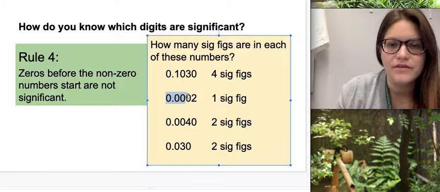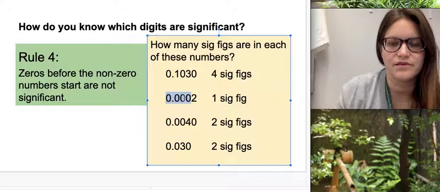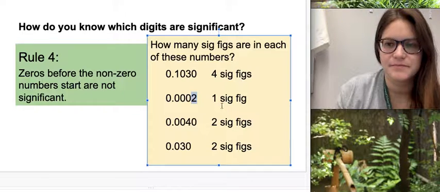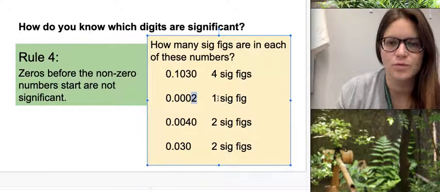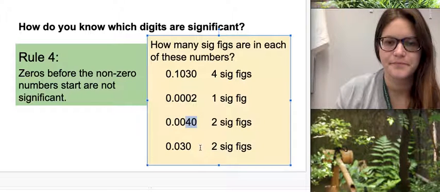Here, all of these zeros come before a non-zero number starts, so none of those are significant, but the 2 being a non-zero number is. So that's why this only has one sig fig. Here, these don't count, but the 0 that comes after the non-zero numbers does count. So these 2 digits here are the 2 that are significant.